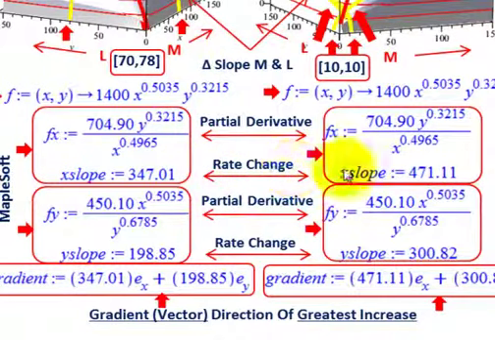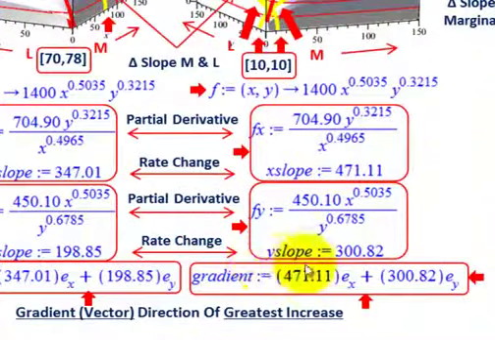That's the only point I wanted to make: first units give you greater output than those later units. 471 versus 347 for our material input, and for our labor input, 300.82 versus 198.85. And again, understand this gradient vector, because this is the key we have to work with when we come up with our directional derivative. This is why you came up with these amounts, the change in slope, or in this case the marginal product.